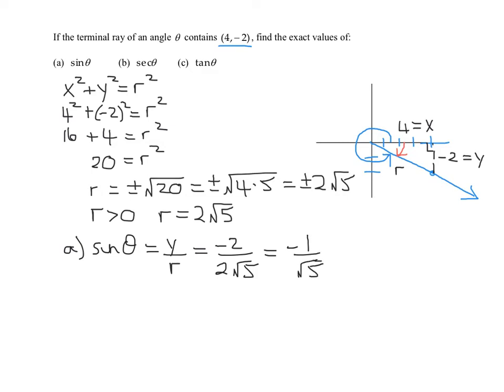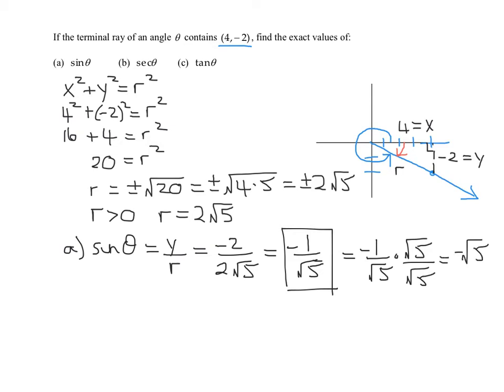And I will accept that answer. But don't forget, if we want to rationalize the answer, we'd multiply by the square root of 5 over the square root of 5 to rationalize the denominator. I get negative the square root of 5 over 5. So that's the value of the sine of theta.